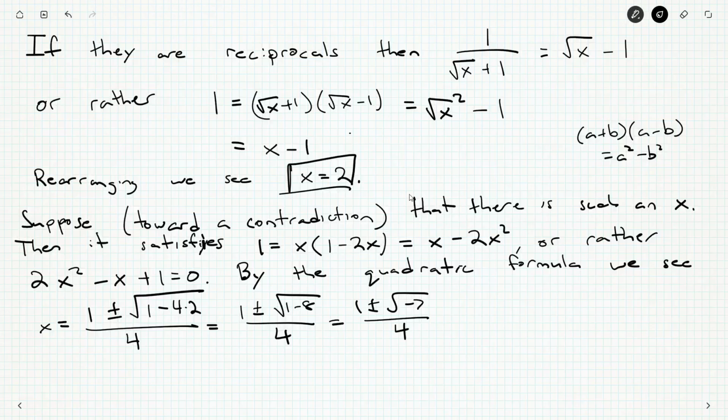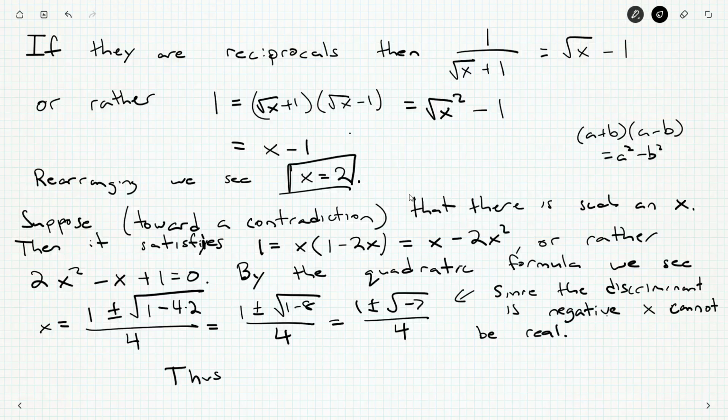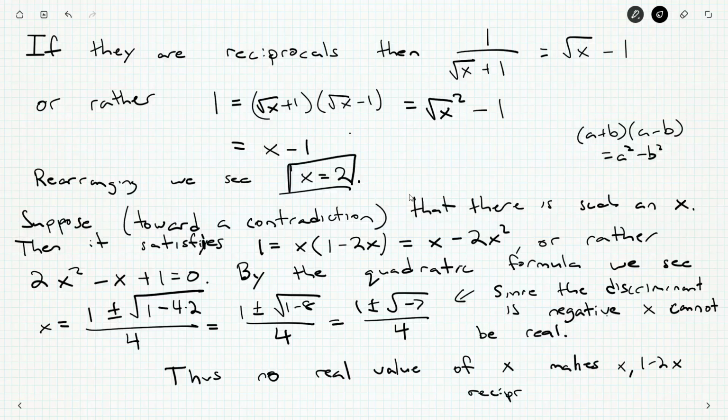Again, you could say something fancy like, since the discriminant, the part under the square root sign, is negative, x cannot be real. So we've concluded, thus no real value of x makes x and 1 minus 2x reciprocals.